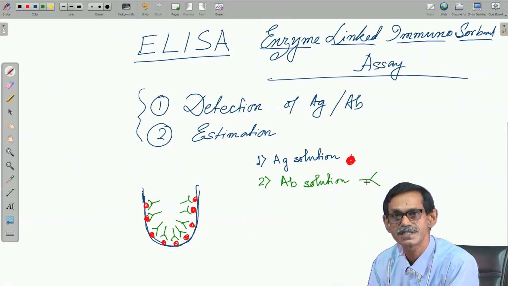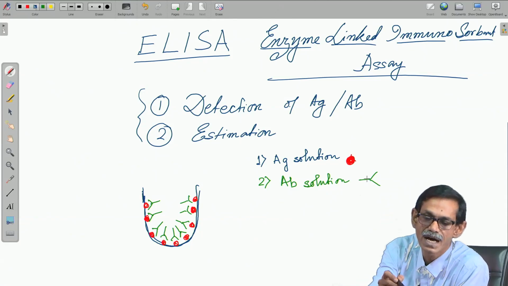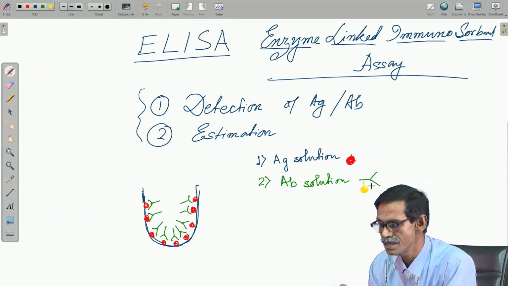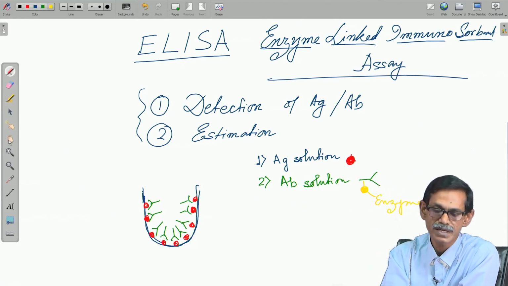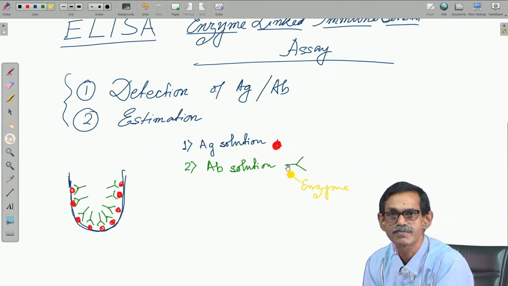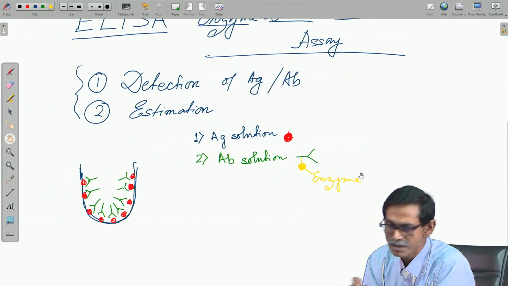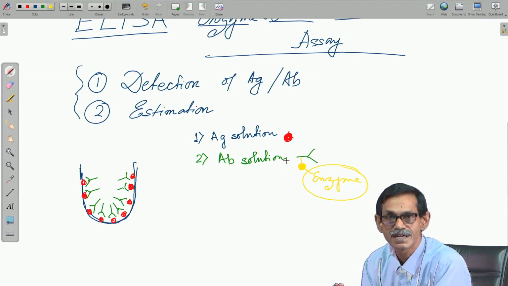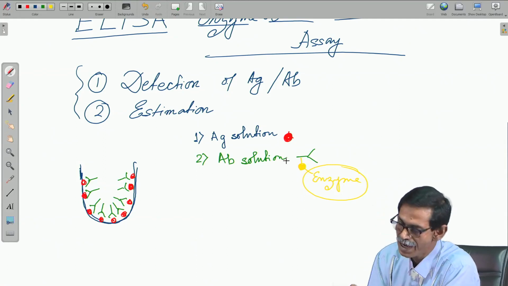What I can do is make some attachment with this antibody. I purify and modify the antibody in such a way that I attach one enzyme to it. Again, this is colorless, you can't see it.